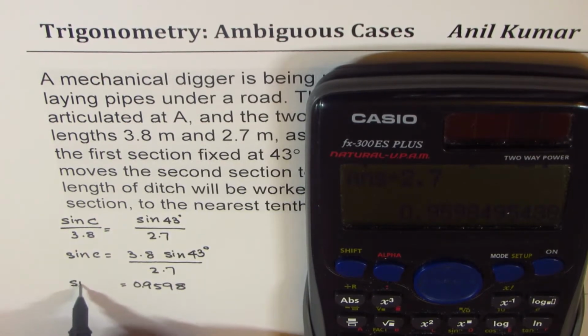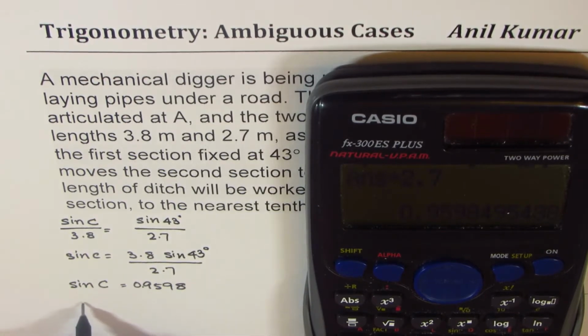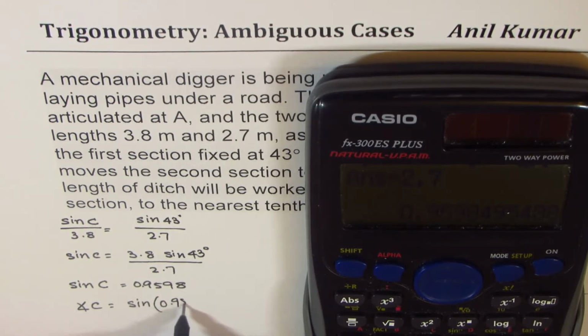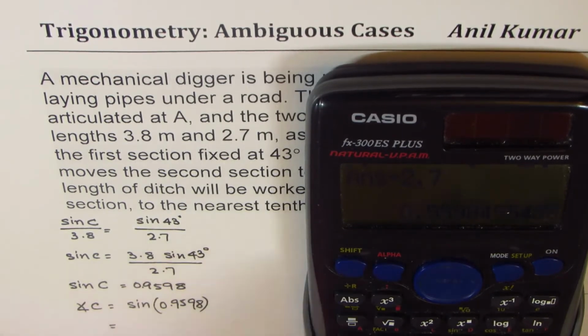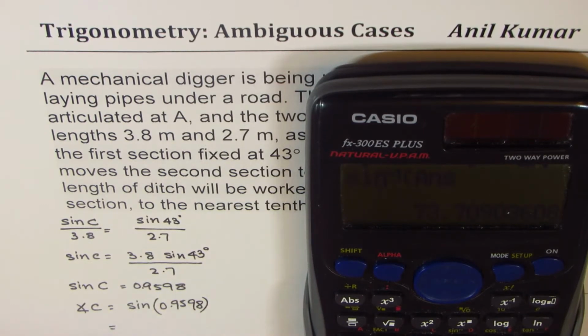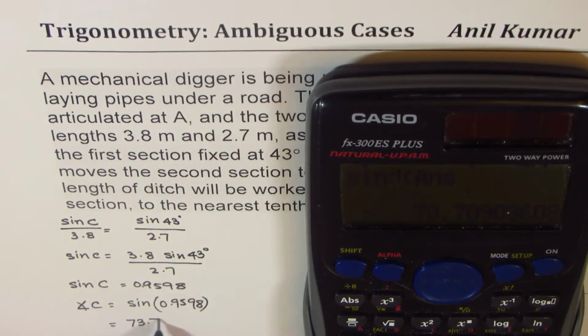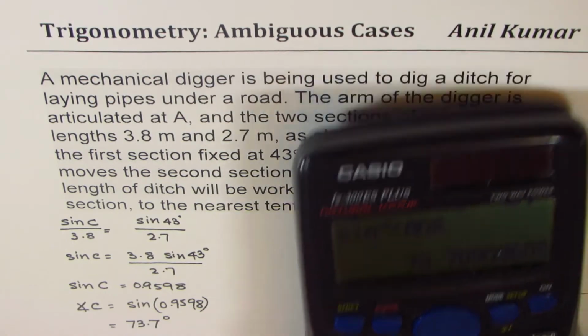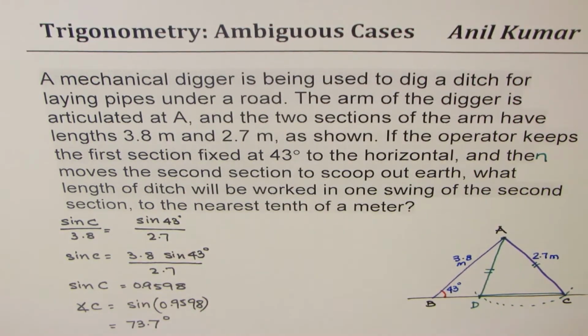0.9598. So angle C is basically sine inverse of this number, which is 0.9598. So we can do shift sine inverse of our answer, and that gives you 73.7 degrees. Okay, so that is to one decimal place.